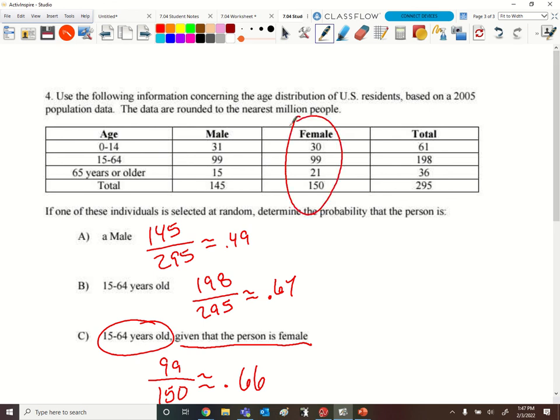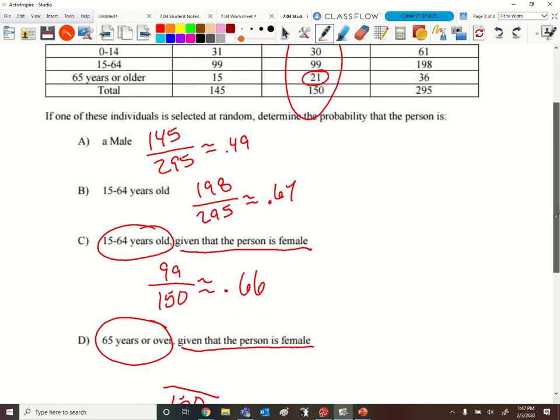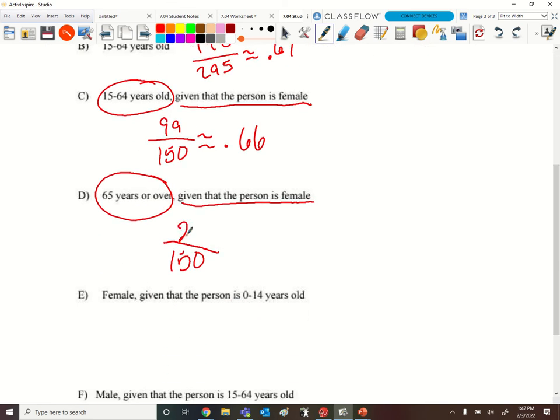And 65 and older, so that is yes, right there. 51. And what do we get? 1.4? You guys agree? Yes? Okay. All right, let's keep going.